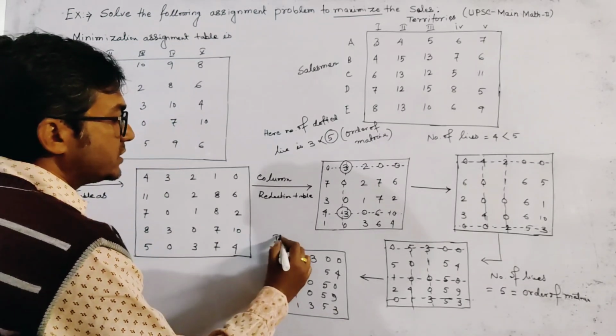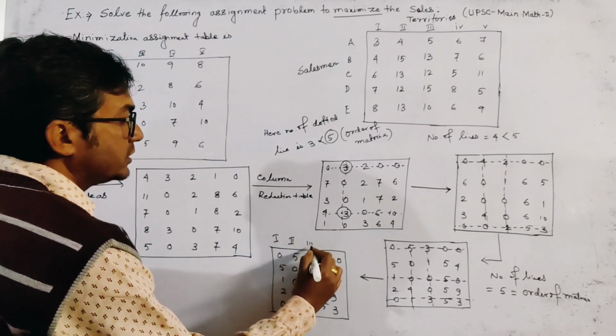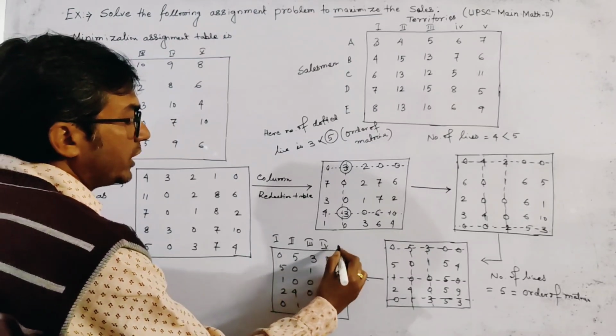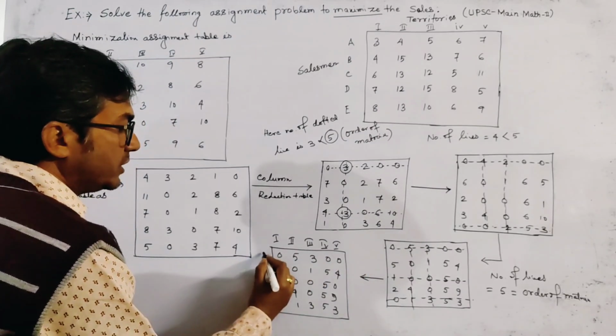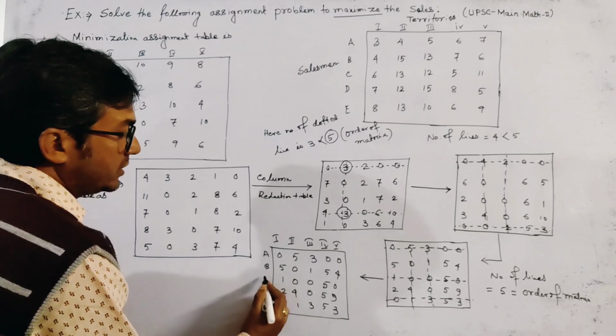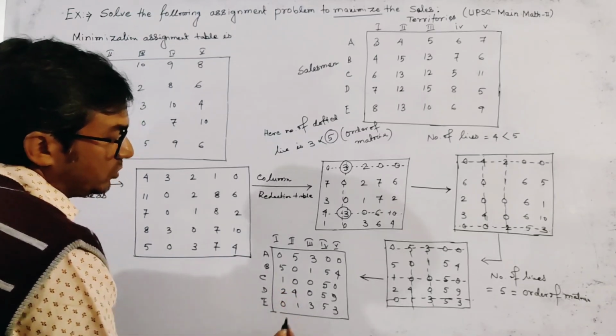Here the columns are 1, 2, 3, 4 and 5, and here the rows are A, B, C, D, E.